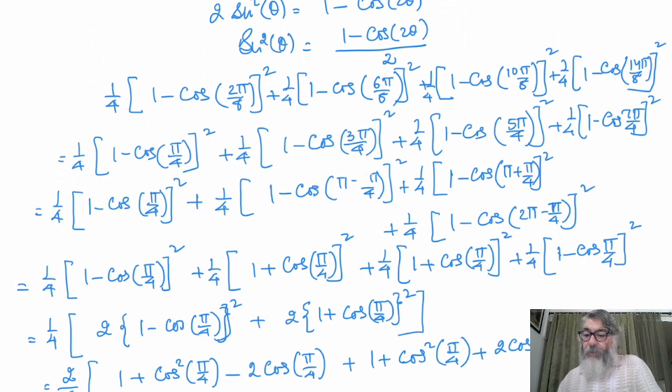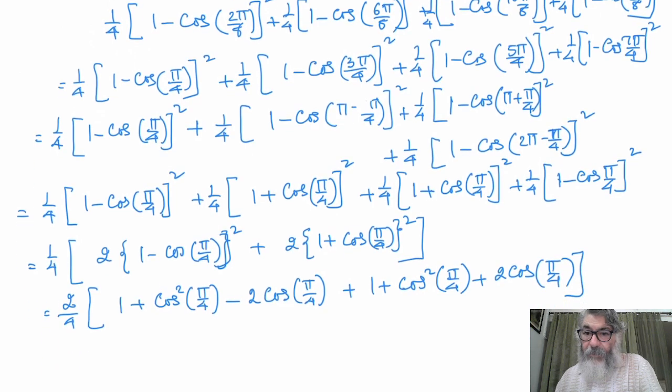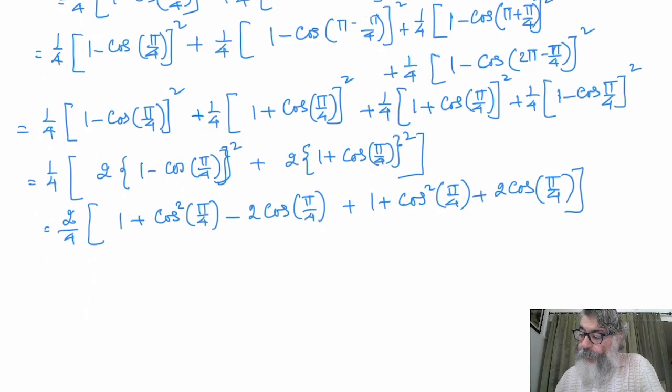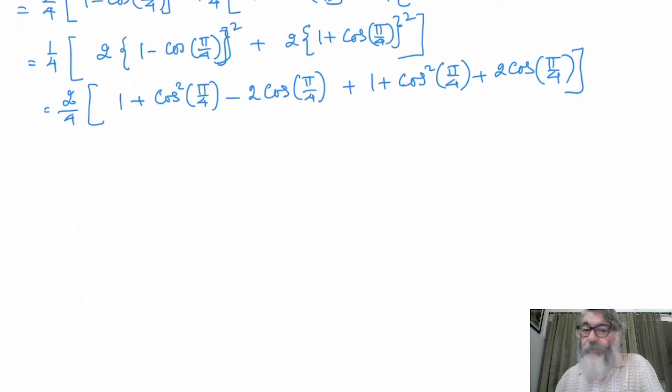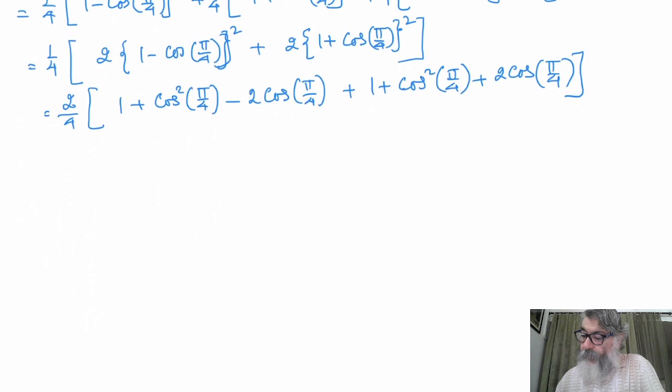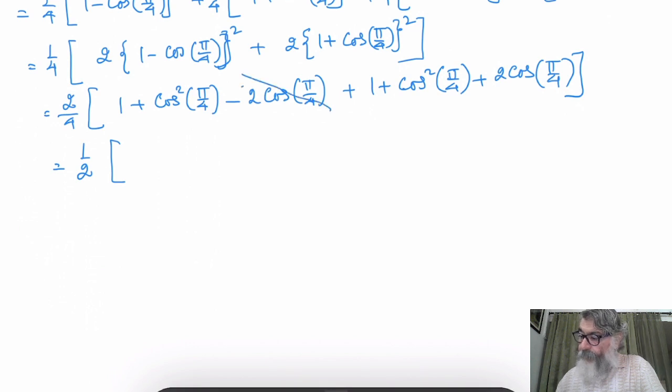Now I have 1 upon 2, and this term will cancel. This and this term will cancel. What will I be left with?